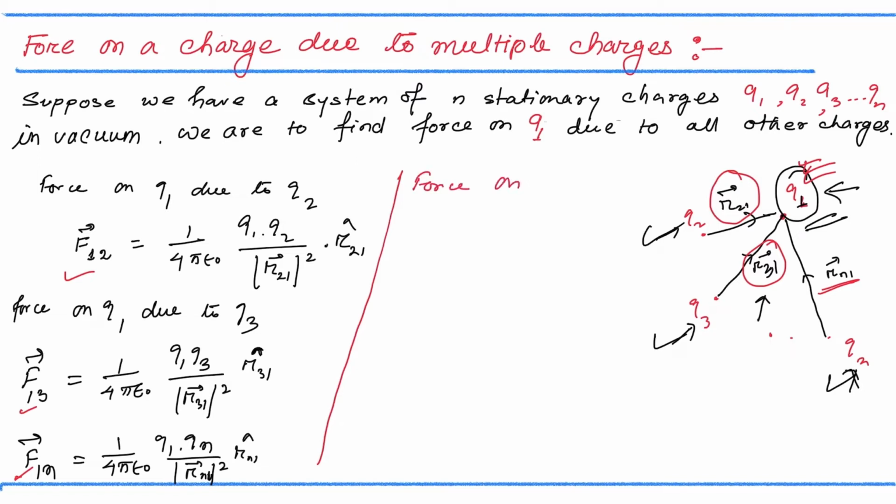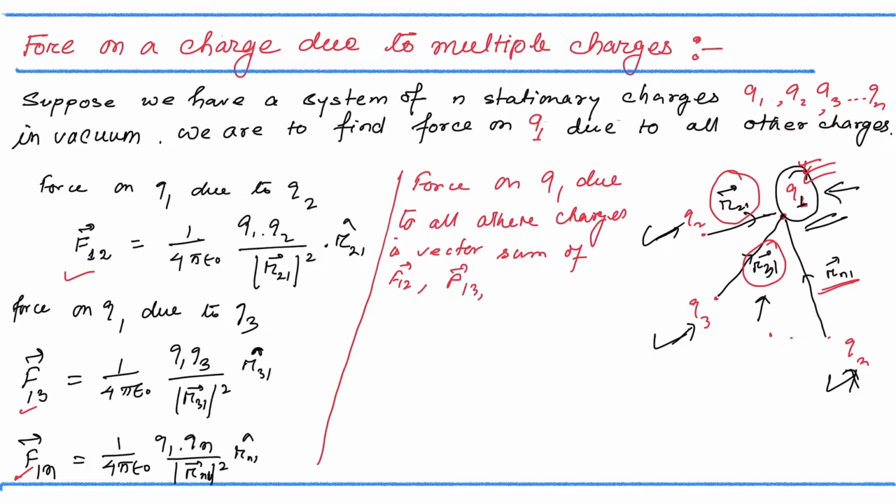Okay, so the force on Q1 due to all other charges is the vector sum of F12, F13, F14 up to F1n.